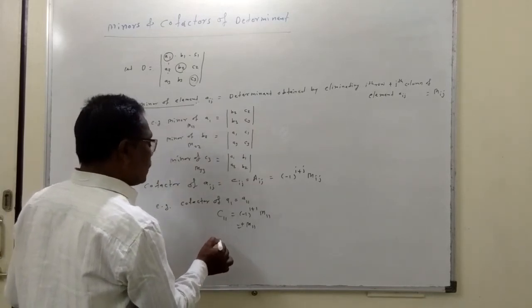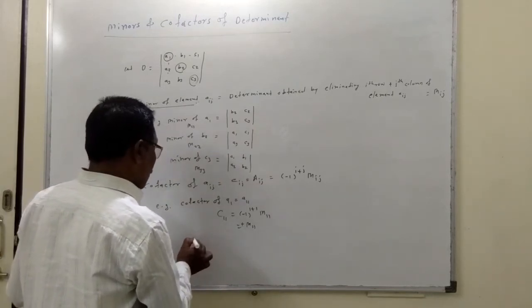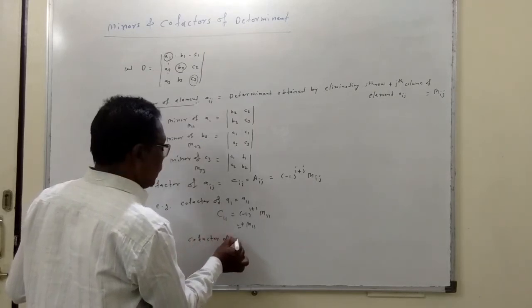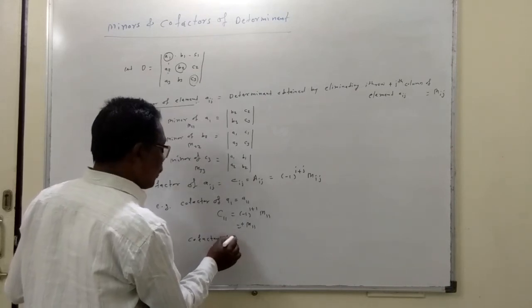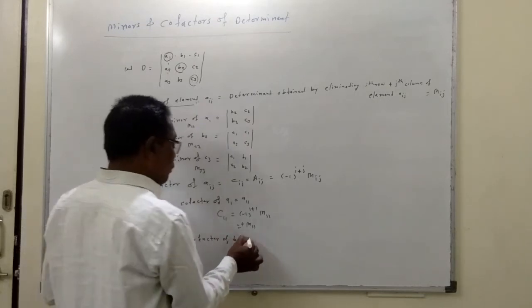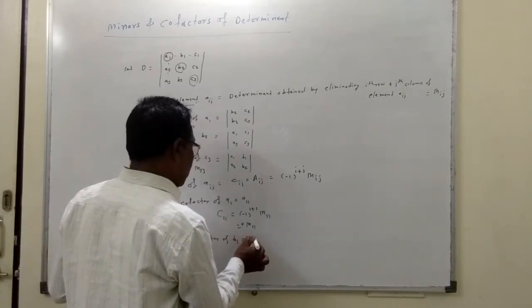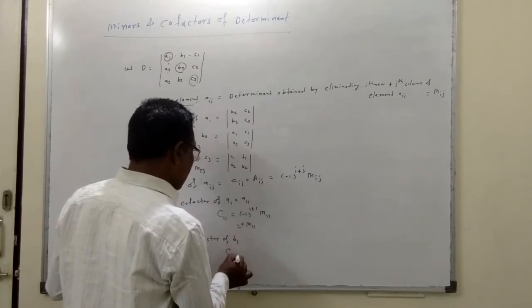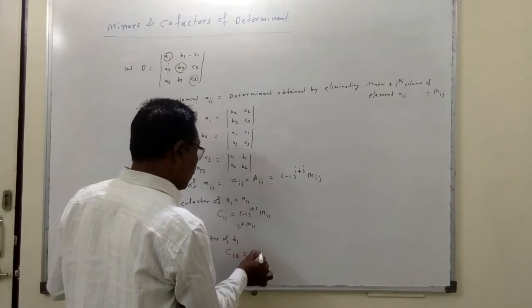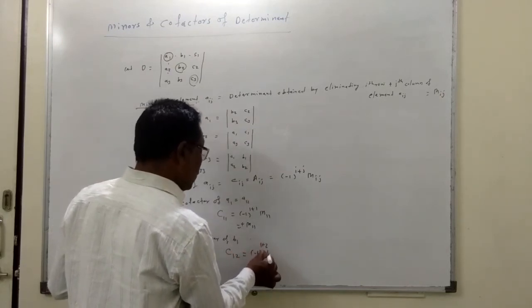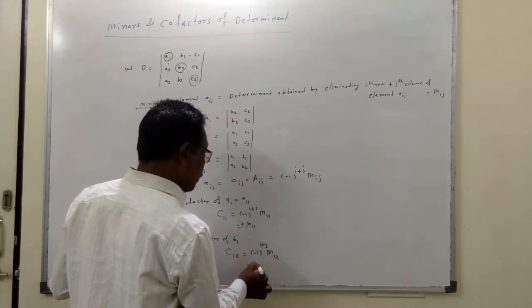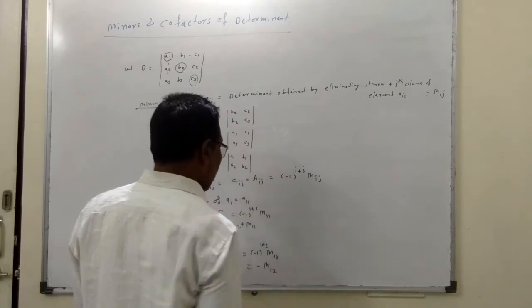Suppose the cofactor of B1 you want to calculate. So that is C12, first row second column: minus 1 raised to 1 plus 2 into M12. Now minus 1 raised to 3 is minus, so minus M12.